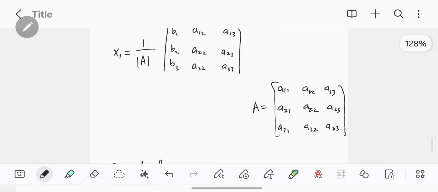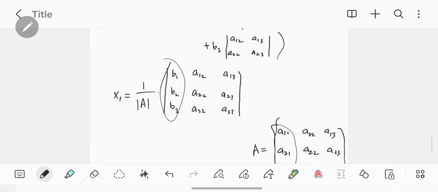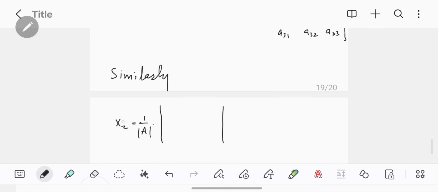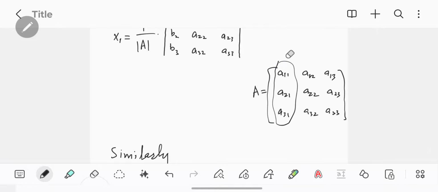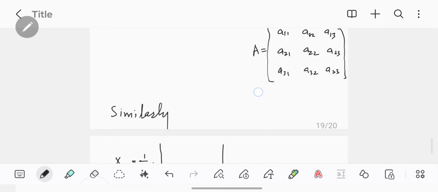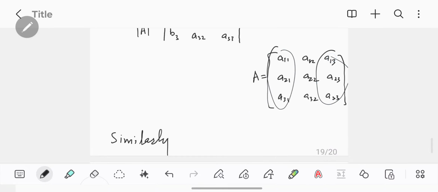Last time we replaced the first column by matrix B and the other two columns remained the same, because it was x1, but now we are going to find x2. So what will I do? Instead of replacing the first column, now I will replace the second column by matrix B and these two columns will remain the same.